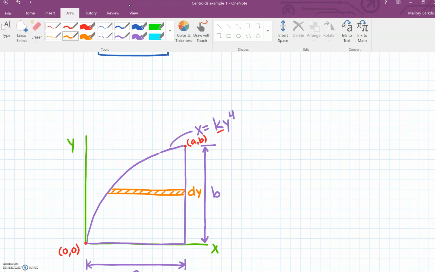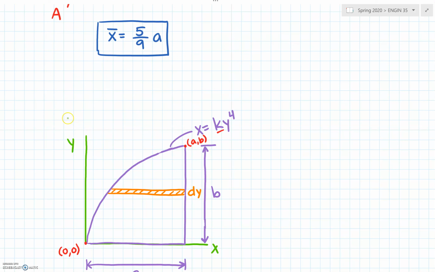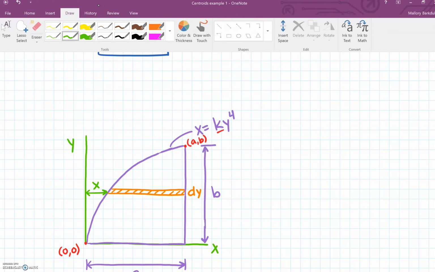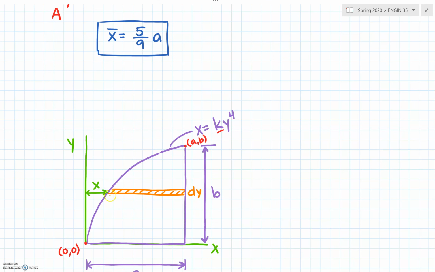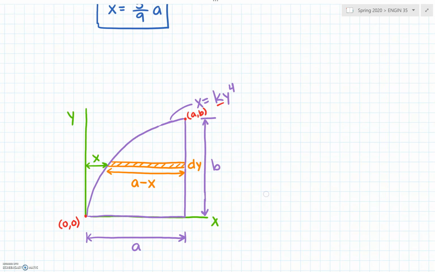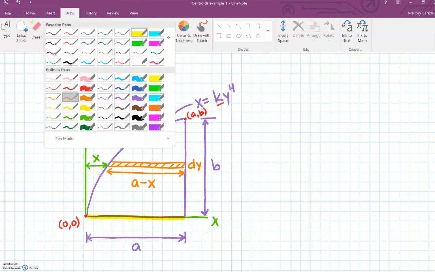The distance from here to here is x, so the width of that rectangle is going to be a minus x, because the total distance from here to here is a.